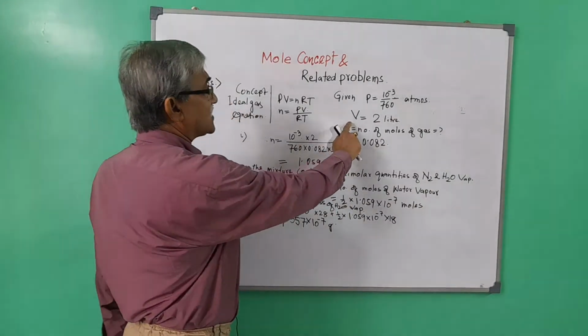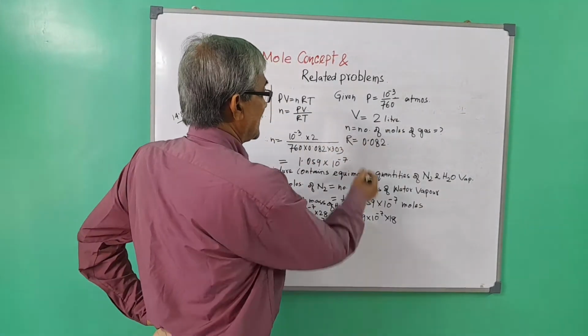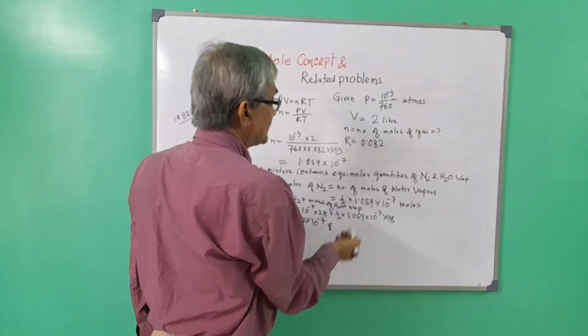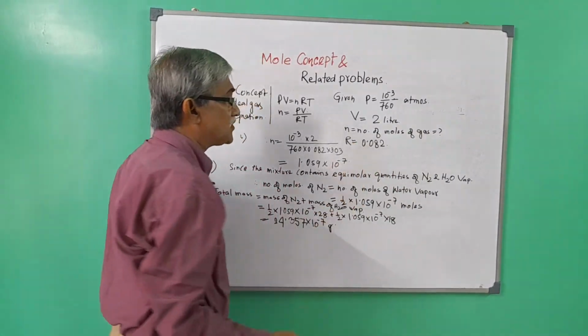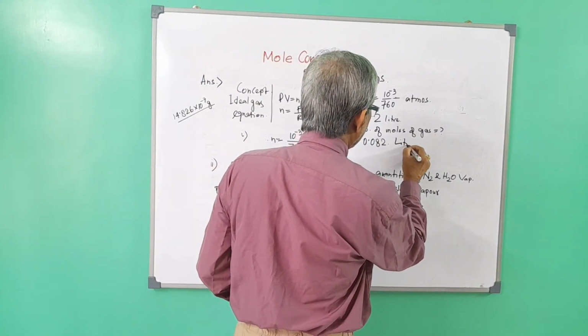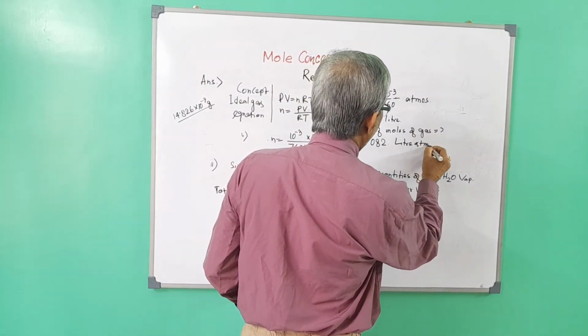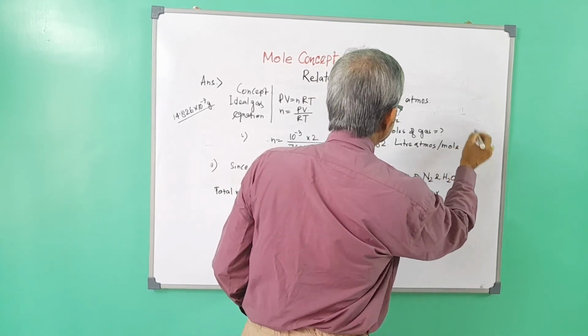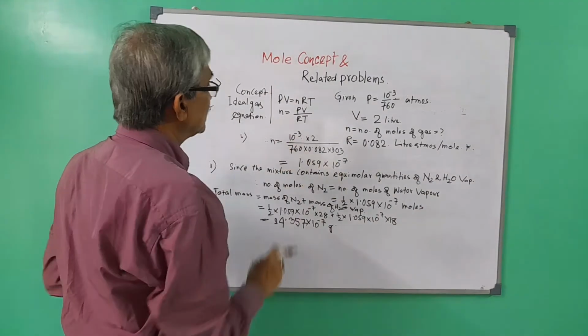The volume is 2 liter. The number of moles is what we have to find, and R equals 0.082. Though the unit is not given, it will be liter atmosphere per mole Kelvin.